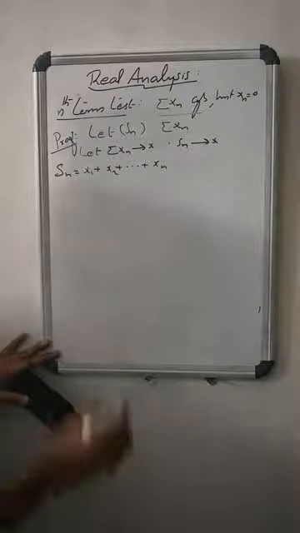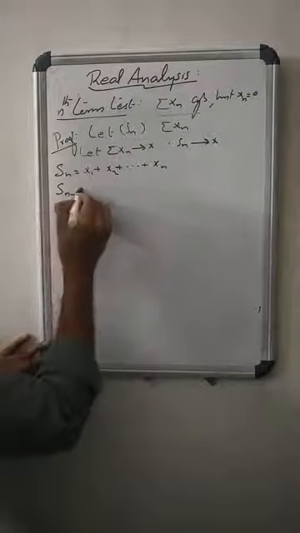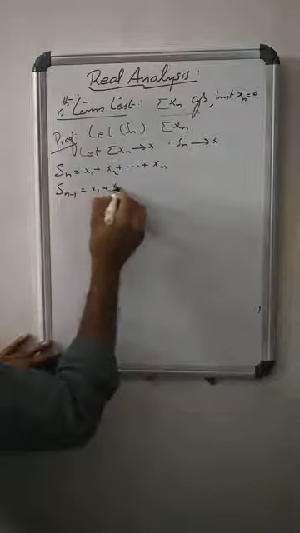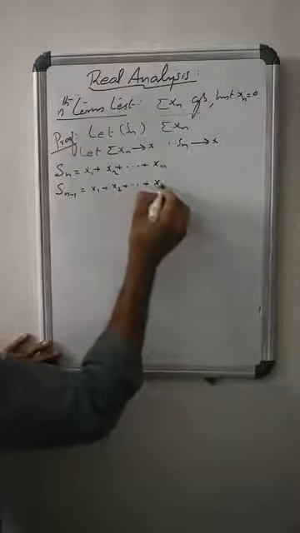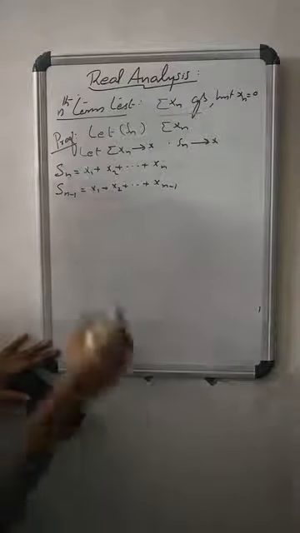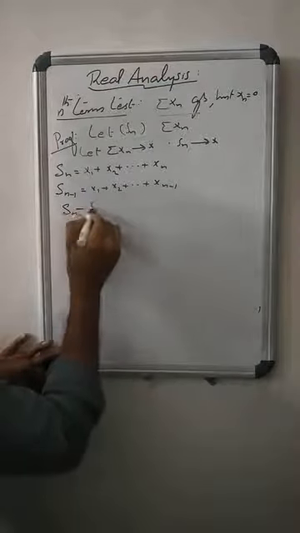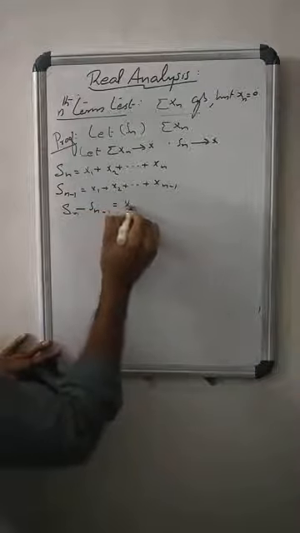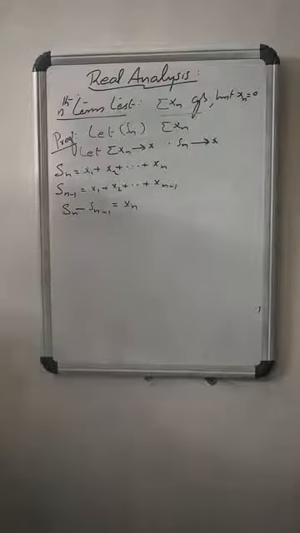And so what is Sn−1? Sn−1 is x1 + x2 + ... + xn−1. So Sn − Sn−1 is simply xn. All the other terms are cancelled.